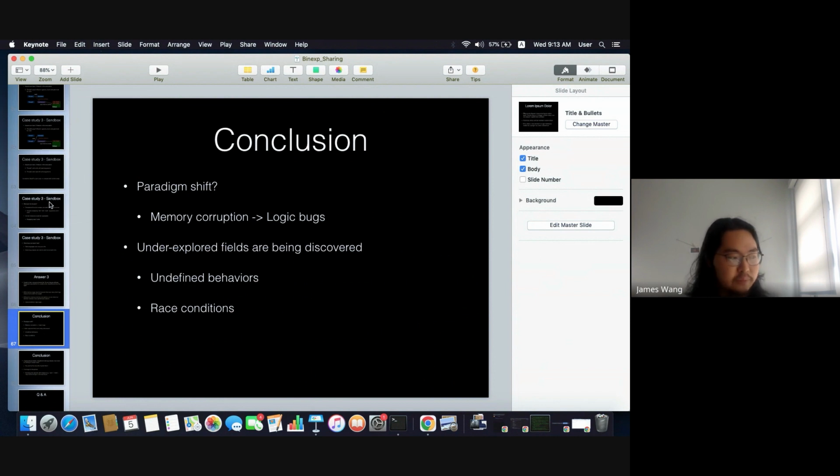Those are things that people didn't pay attention to 3 to 4 years ago and are now being explored. I see that as a good direction for vulnerability research in general.